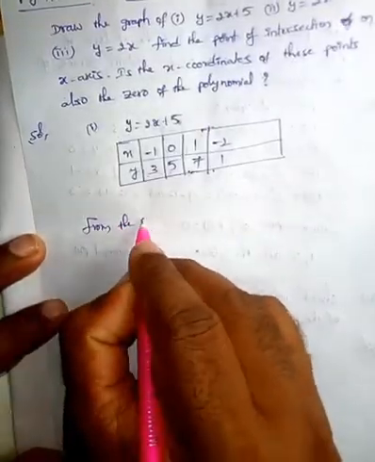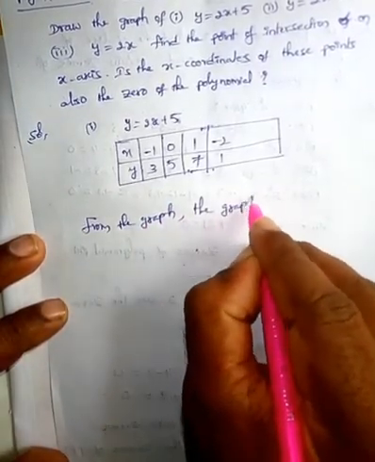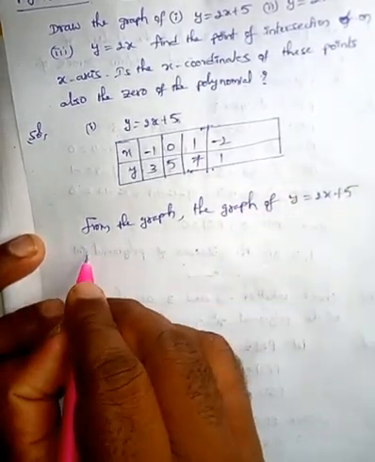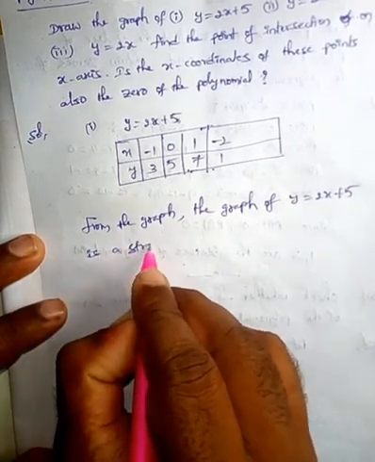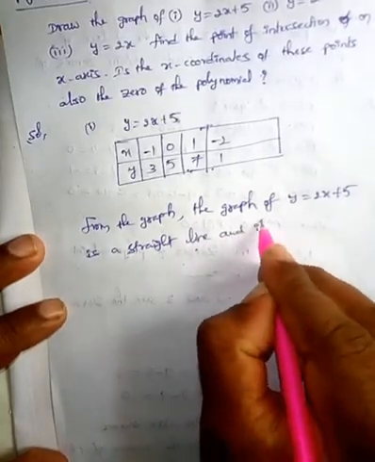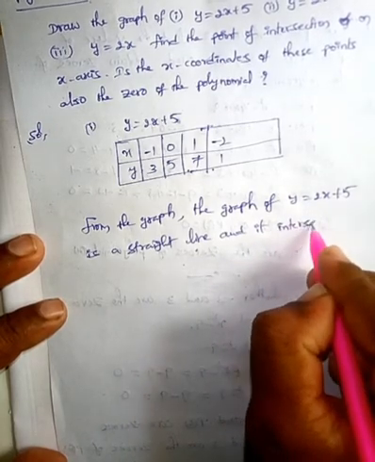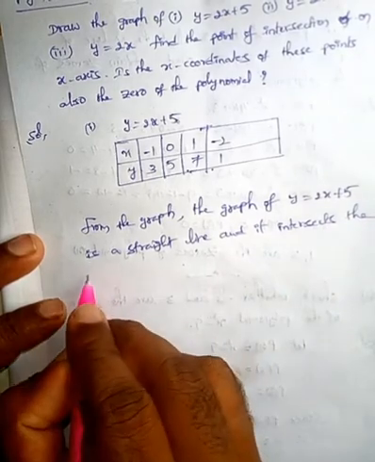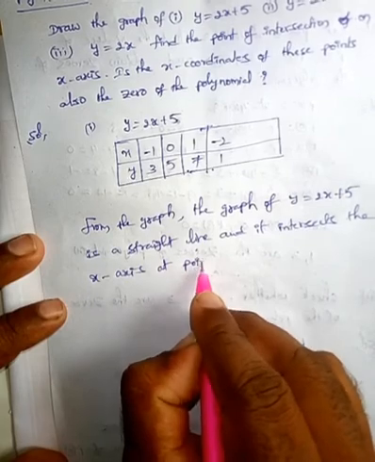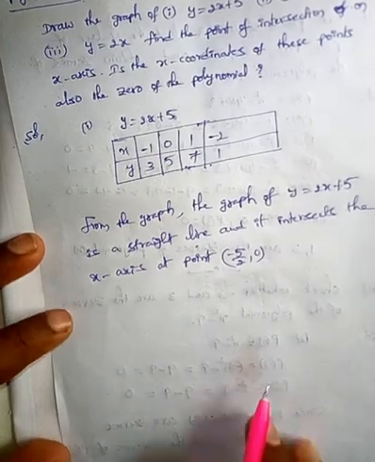From the graph, the graph of y equal to 2x plus 5 is a straight line and it touches, or it intersects, the x-axis at point minus 5 by 2 comma 0.